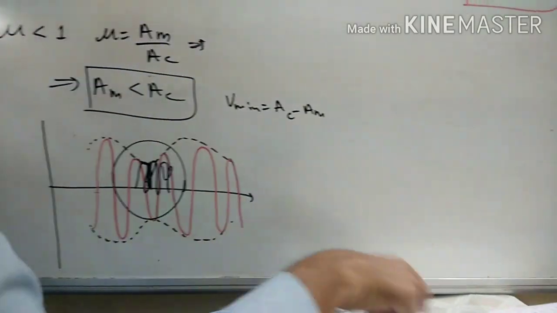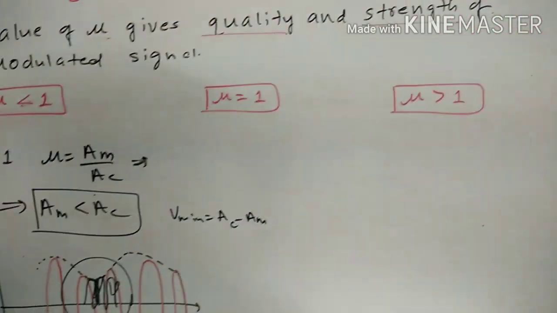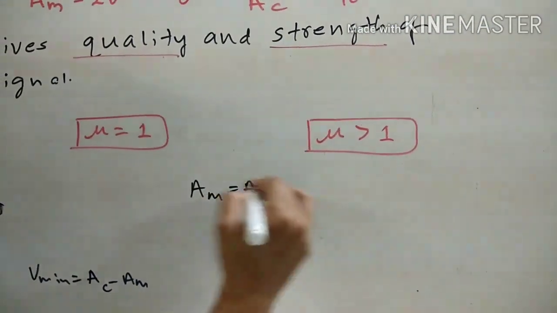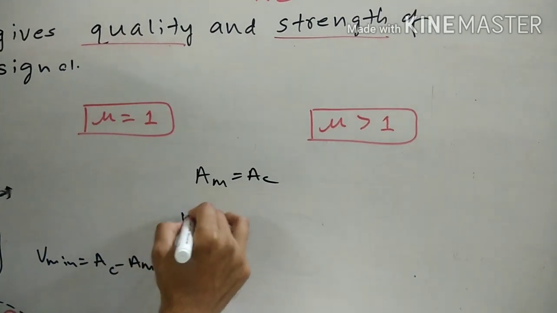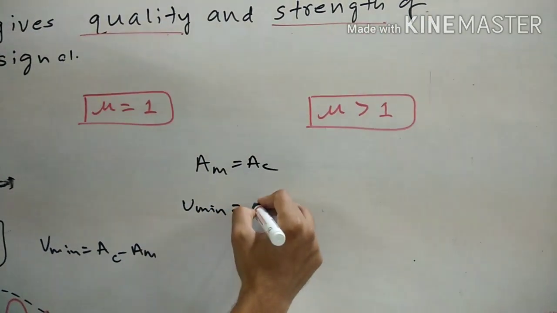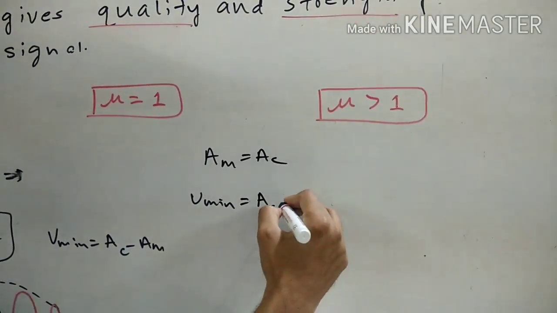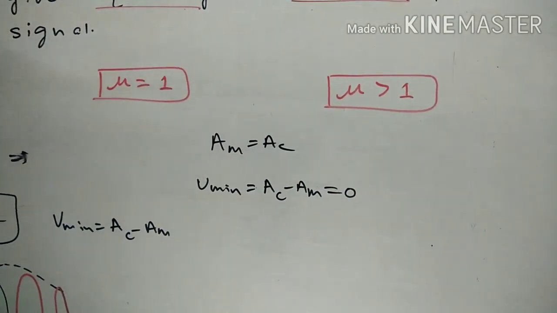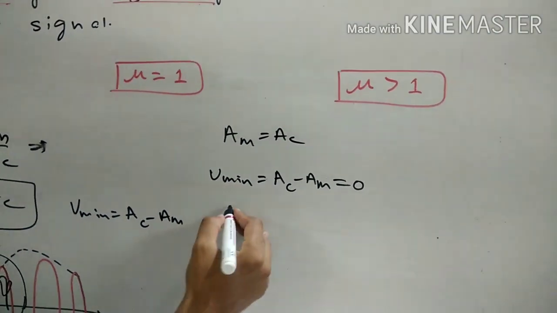And for the second case, mu equal to 1 means AM is equal to AC. V minimum will be AC minus AM. If both are the same, that will be 0, and the modulated wave will look like this.